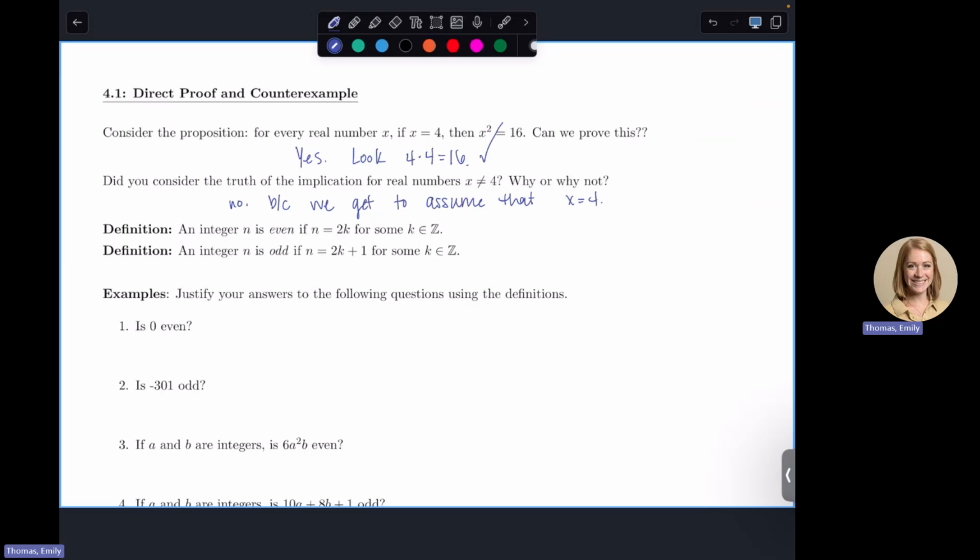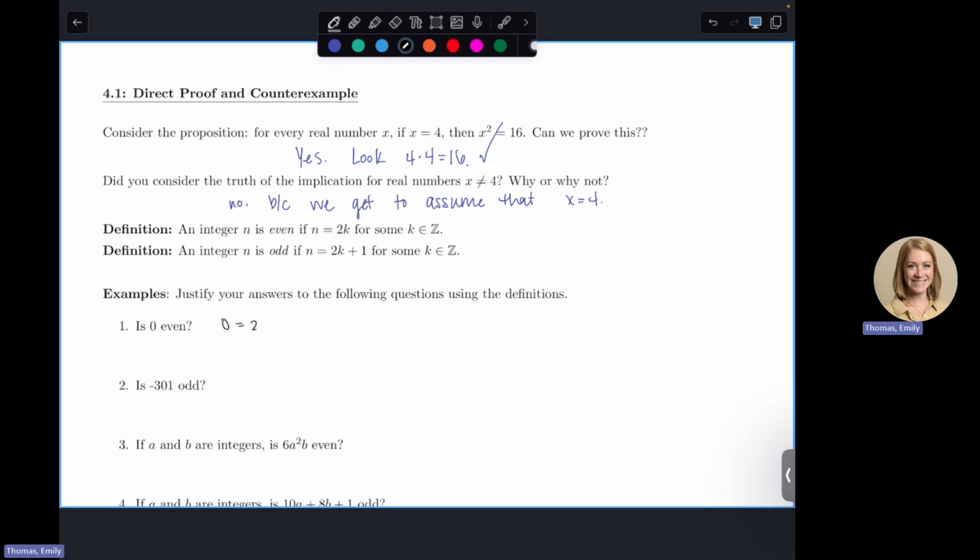Okay, so we want to answer these questions. Is it true? And then how do we justify that 0 is an even number? Can we write 0 as 2 times an integer? This one is weird. But yes, what? 2 times 0, yeah.